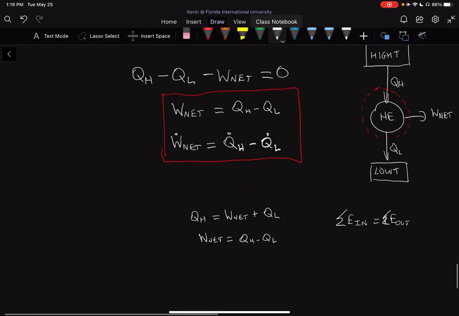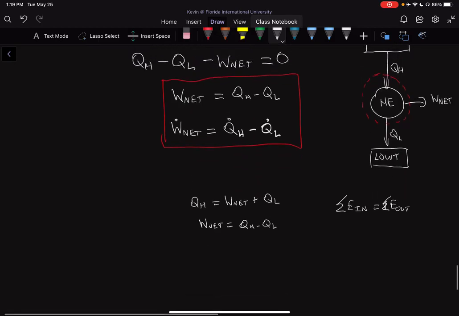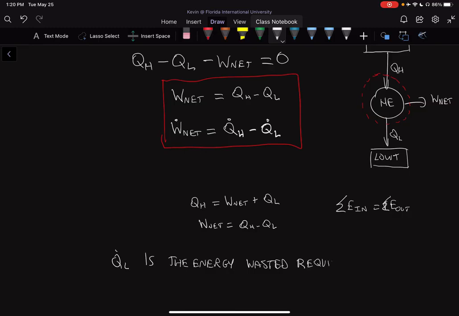Now, let's define a little bit more of the terms that we mean by QL and QH. So Q dot L or QL is the energy wasted, required to complete the cycle.